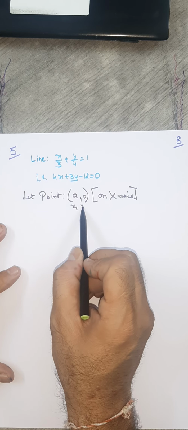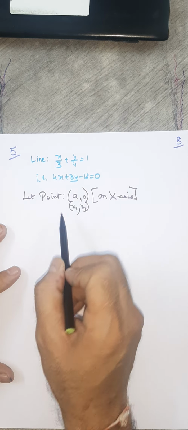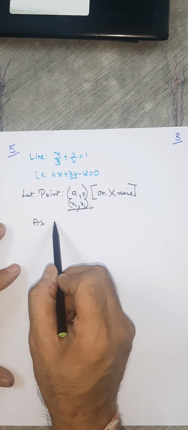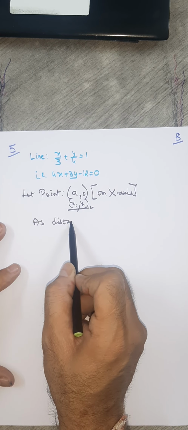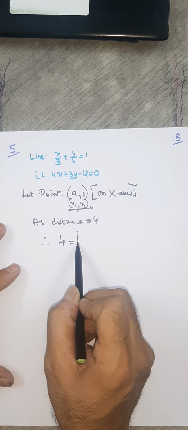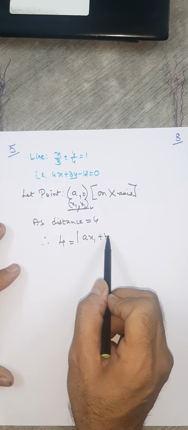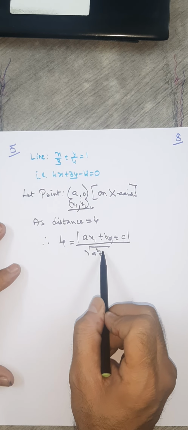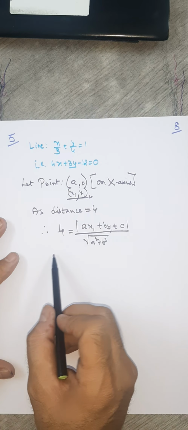So this is like x1, y1 as per our theory, and we want both the coordinates, that is specially a. Okay, now as the distance equals 4 you are given, therefore 4 equals, we'll use the formula ax1 plus by1 plus c upon under root a squared plus b squared. You want x1, that is a.